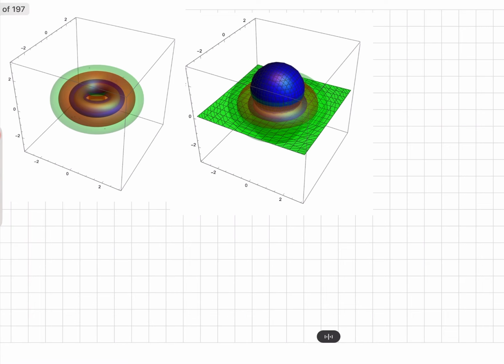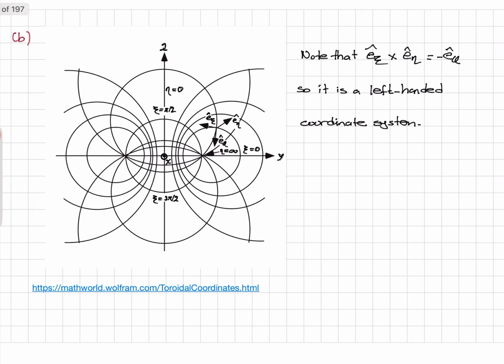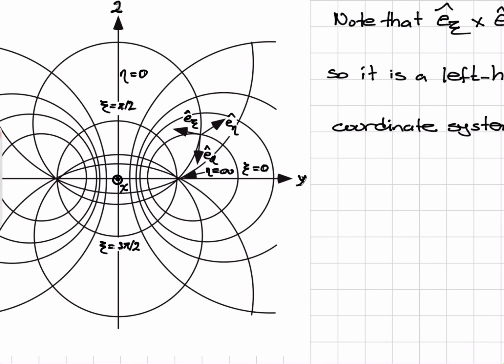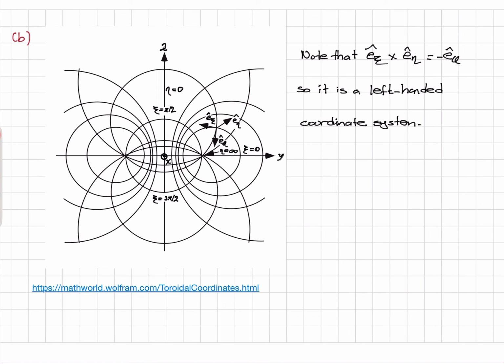If I take a cross-section of this and look at it from the YZ plane, with X coming out of the plane, I obtain this plot, which is shown on this website. The unit vectors shown here suggest that this is a left-handed coordinate system, because for e psi hat, e eta hat, e phi hat, if I go over cyclic permutations, these cross products give me minus the unit vector.